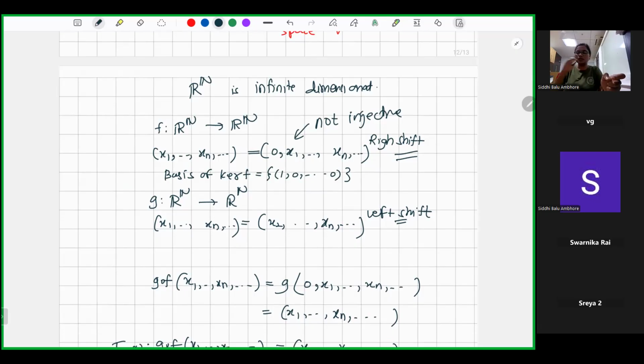Right? And here it is not surjective. Is this not surjective? Oh, sorry. This is not surjective, and this is not injective.